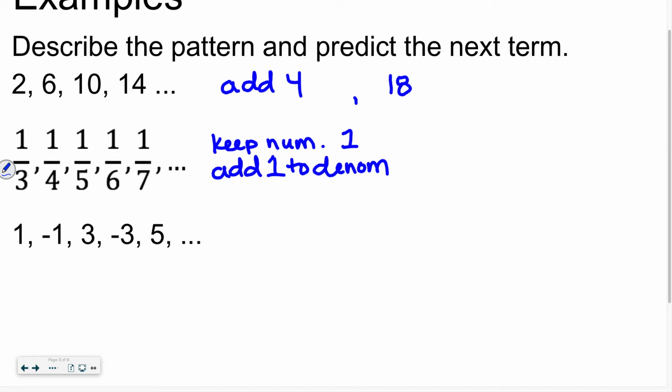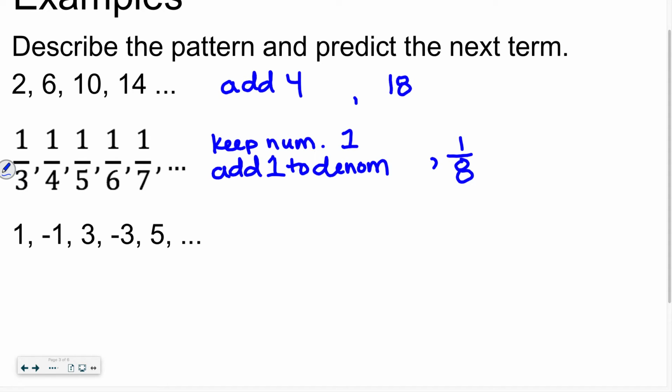Okay, that's the reason why I wanted to ask you about both of those: if you see something that's a fraction and the numerator and the denominator are changing or staying the same differently, then describe both, right? So that the person knows if they're trying to create this pattern, they're always going to keep 1 in the numerator, and then the denominator is changing up by 1. So what was your next term? 1/8.